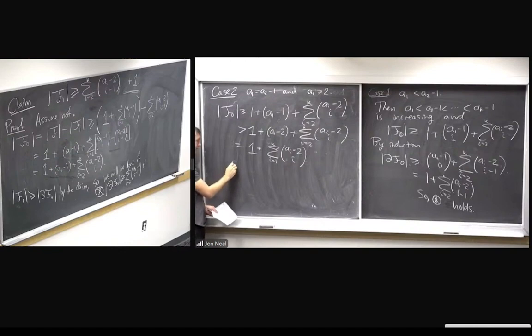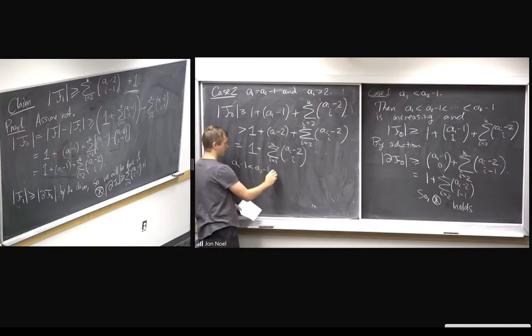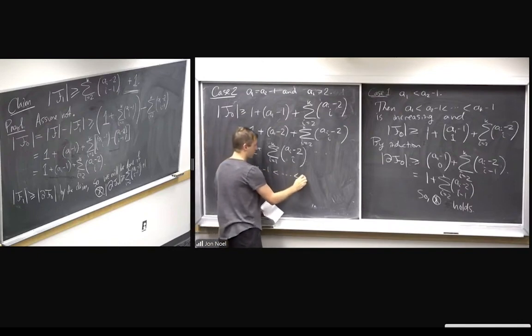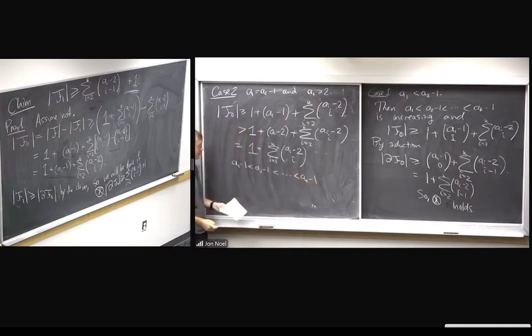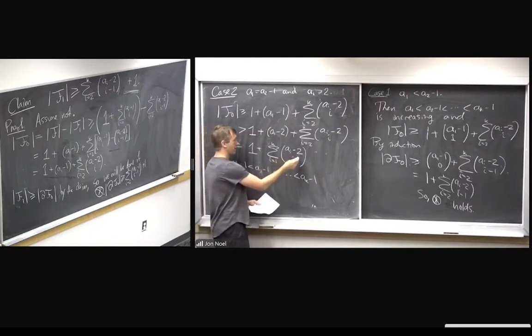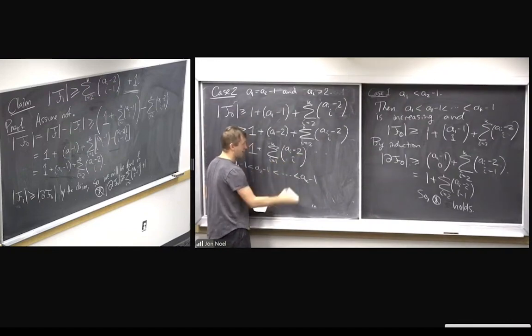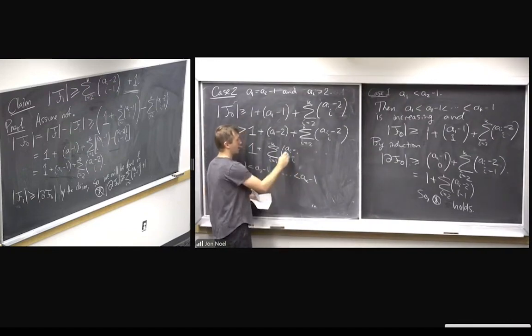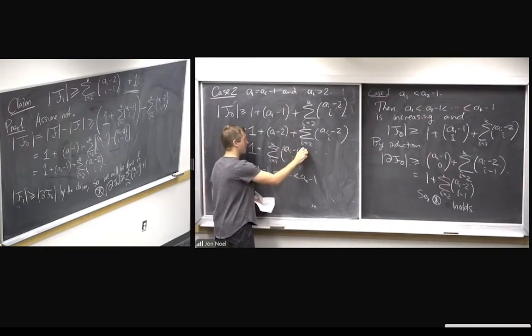And since the sequence A1 minus one, A2 minus one, up to Ak minus one is increasing. When I write A1 minus two, I'm really thinking of it as A1 minus one minus one.